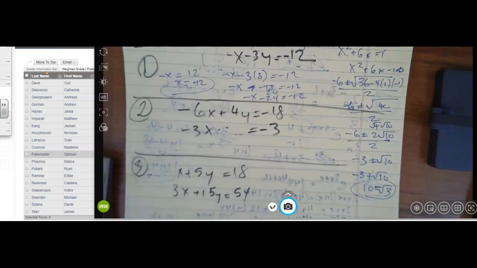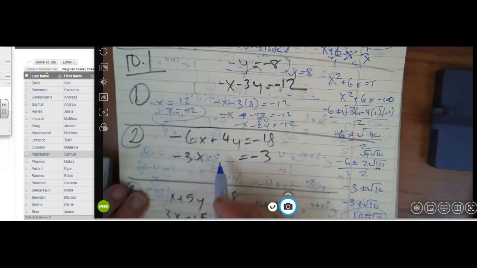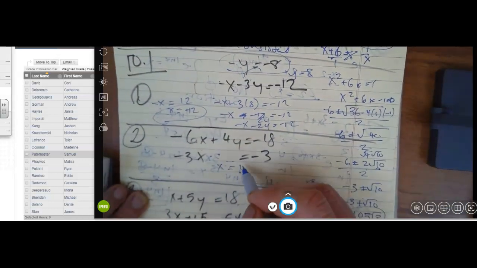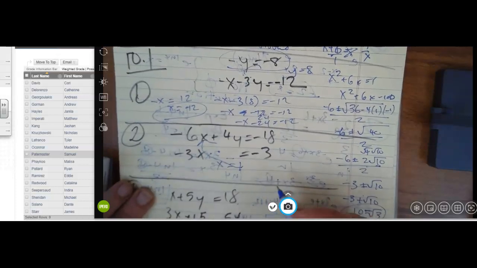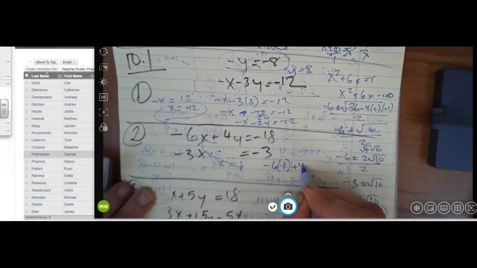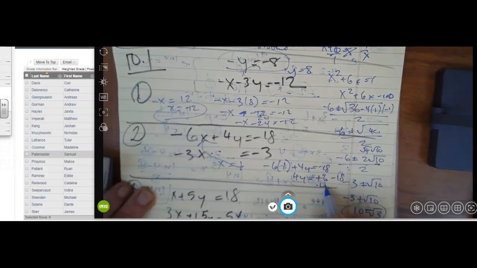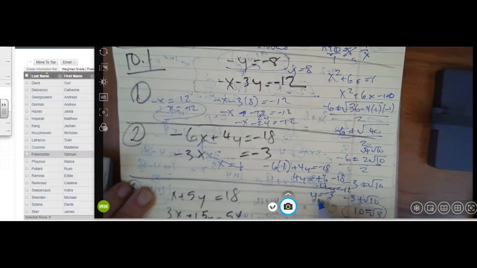Basically you're substituting one value into the other. In this case, you could solve for x here and get x equals 1, and then you put 1 in for the value of x here. So you get 6 times 1 plus 4y equals negative 18. 4y equals positive 6 minus 18, so 4y equals negative 12. y equals negative 3.